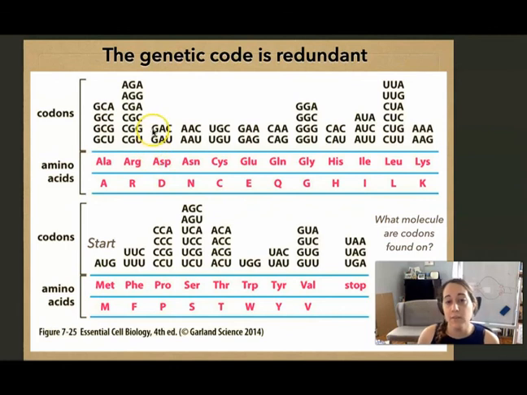Similar here for asparagine. We have a G and an A, whether the third nucleotide is a C or U, you're still going to get the same thing. And we see this for many of the amino acids. Glycine, similar, as long as you have two G's, any other nucleotide is going to result in a glycine. So this is called the wobble base, and it's part of the redundancy of the genetic code.